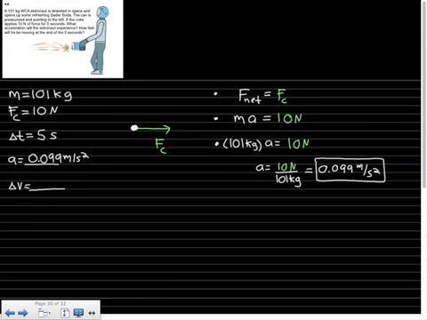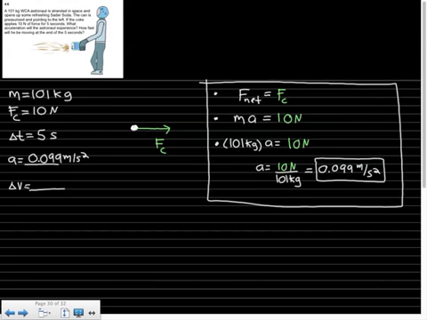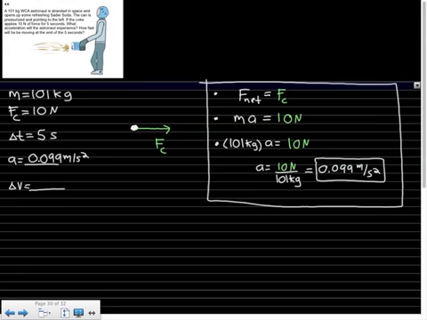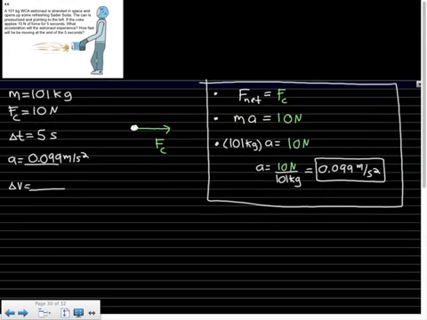Now we need to find the velocity. All this work was to find the acceleration. Now we need to do the same thing, but find the velocity. We do the same thing that we did to find the acceleration.